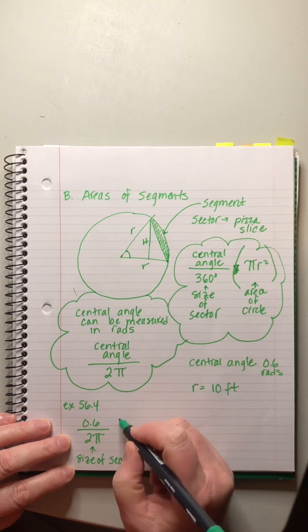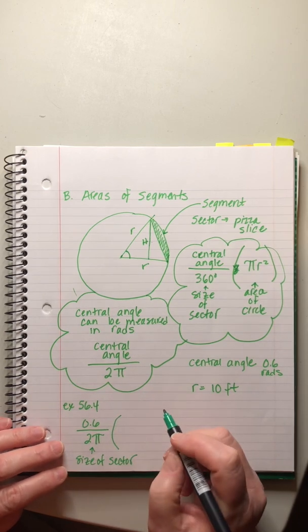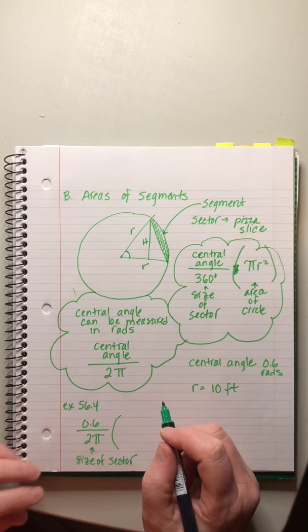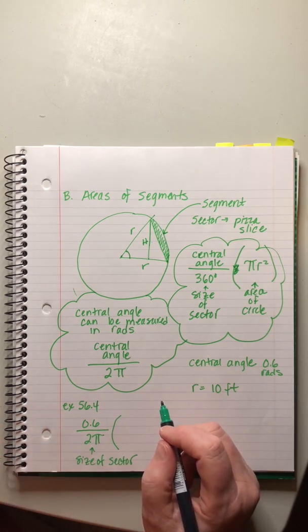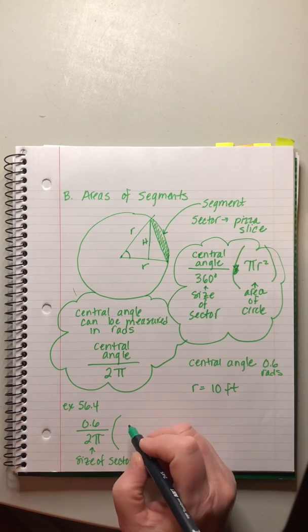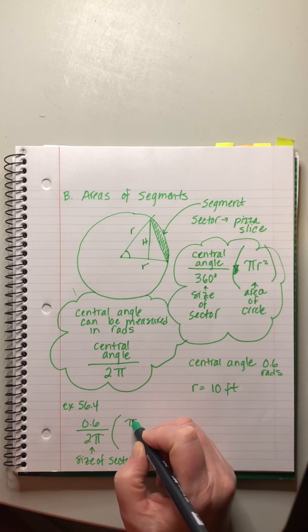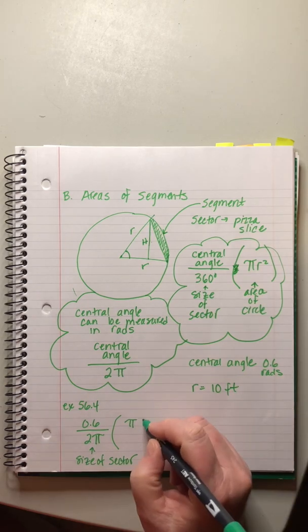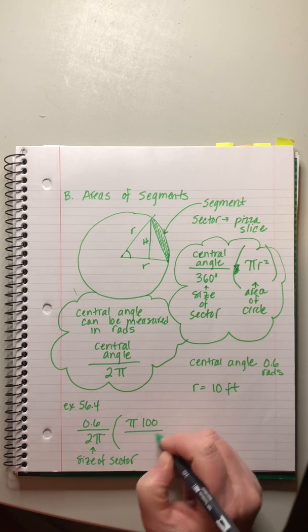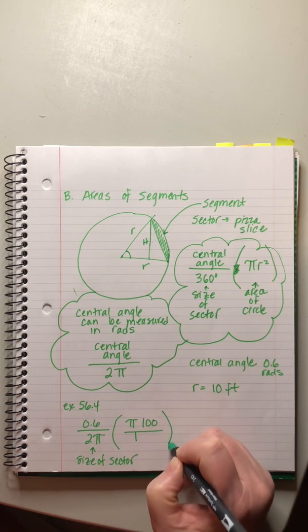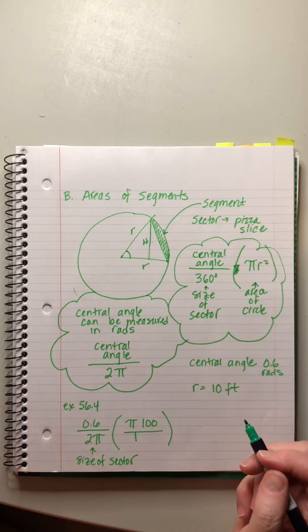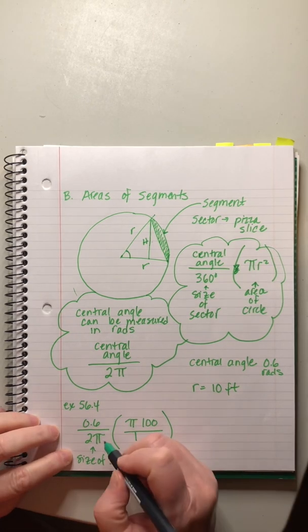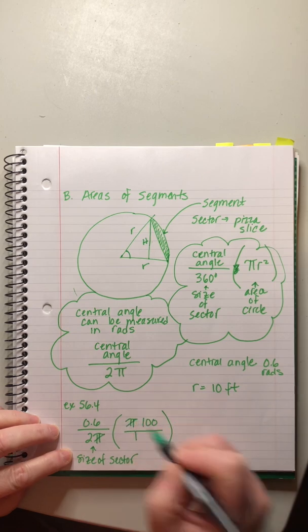And then we multiply this times the area of the whole circle, which is pi r squared. So we have to multiply it by pi times the radius squared. So that's 100, and I'm going to put that over 1 so I don't get confused. Now look what happens. The pi's cancel.